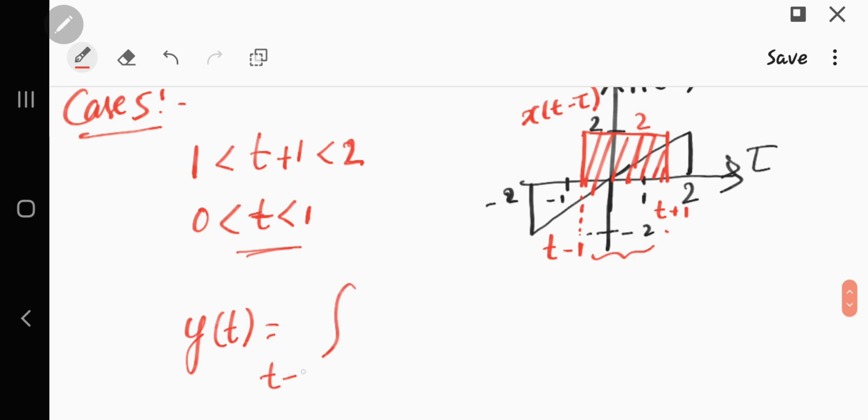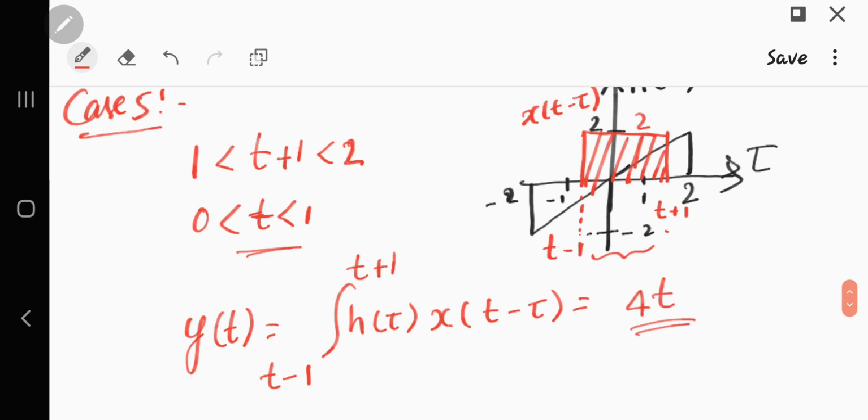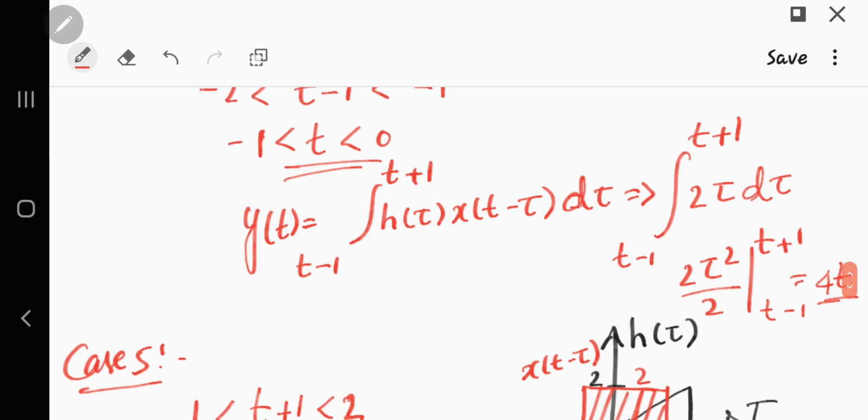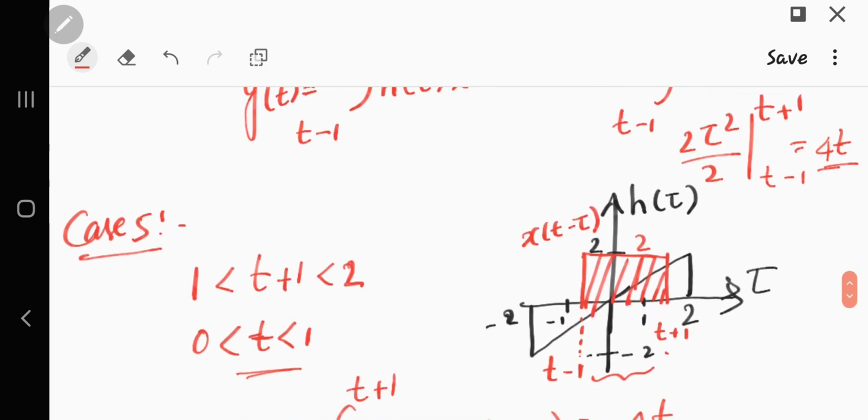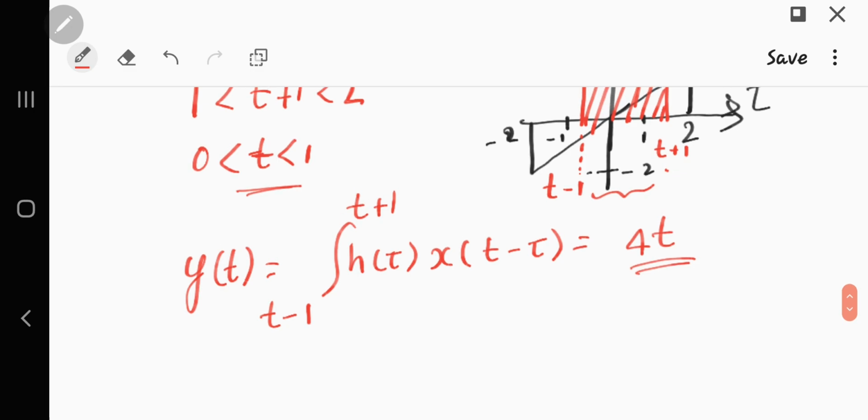Again the limit is from t minus 1 to t plus 1, this is the overlapping region, and you will get the same answer as before. If you substitute the values of h of tau and x of t minus tau, again you will end up with 4t only for this case as well.